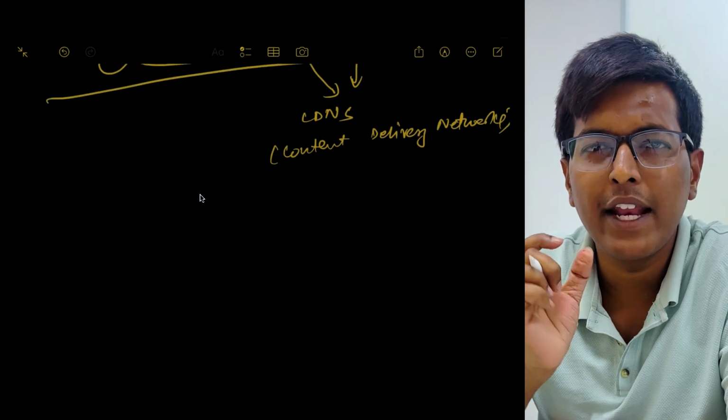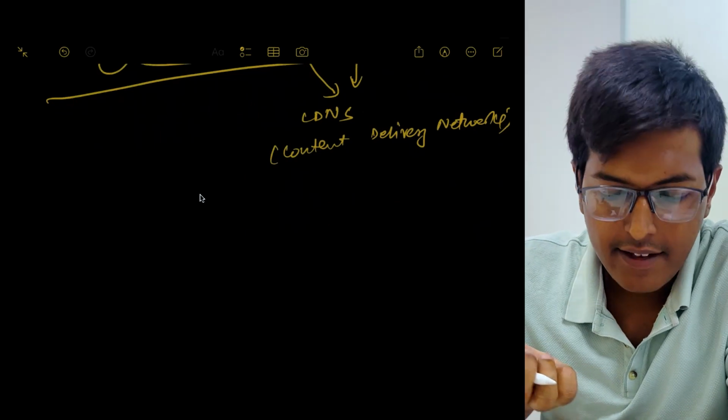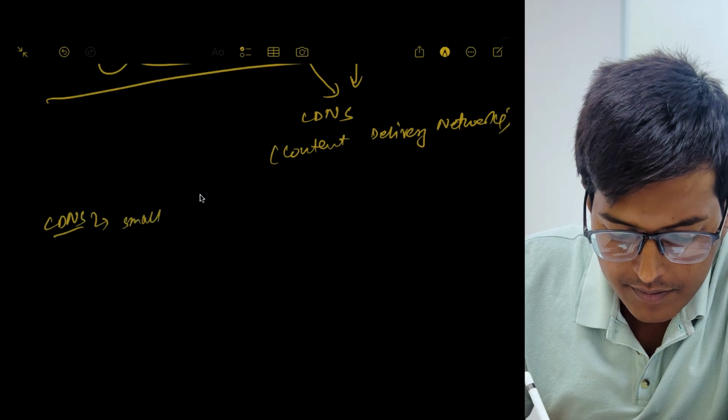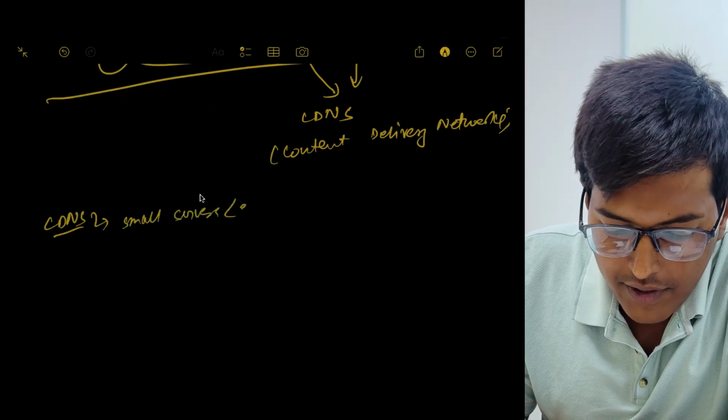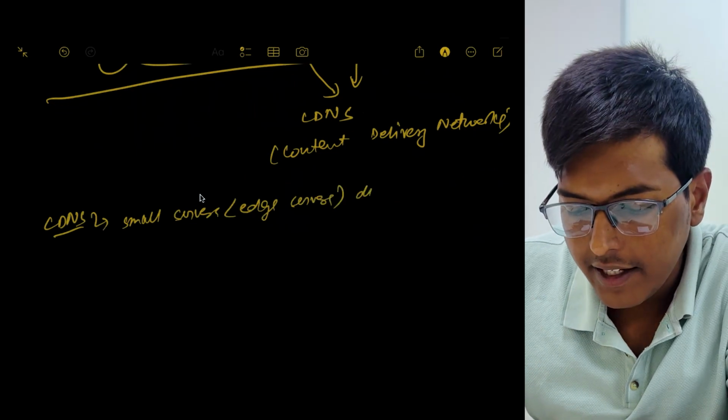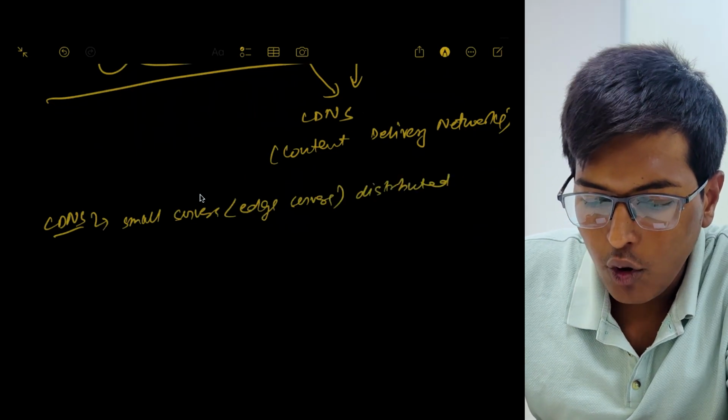However, just to give you a very short gist of what CDNs are: essentially small servers, known as edge servers. These edge servers are distributed all across the world.